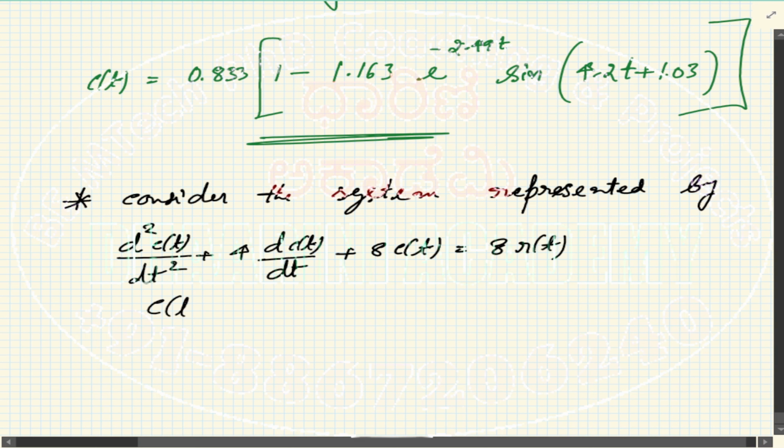So here c of t represents the output of the system and r of t represents the input of the system.